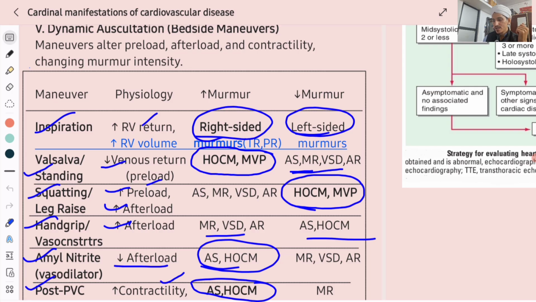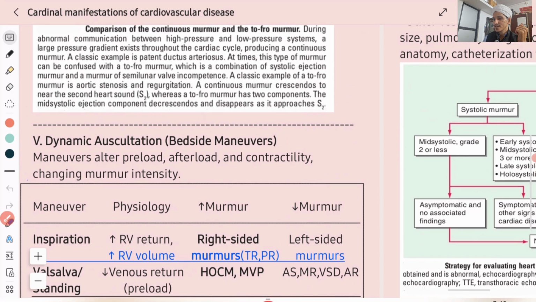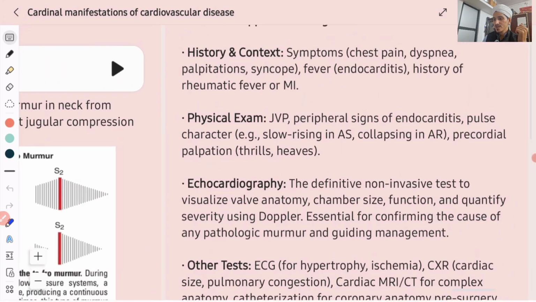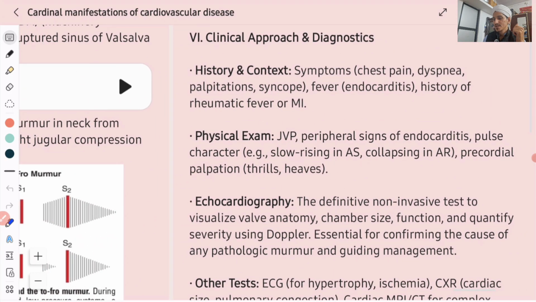So that's about the dynamic auscultation. Now, coming to how you approach and how you diagnose. Take the history and context. Associated symptoms: you ask whether there is chest pain, dyspnea, palpitation, or syncope. You will have some clue.